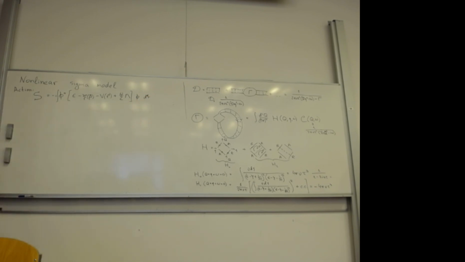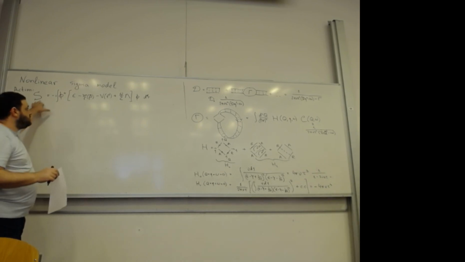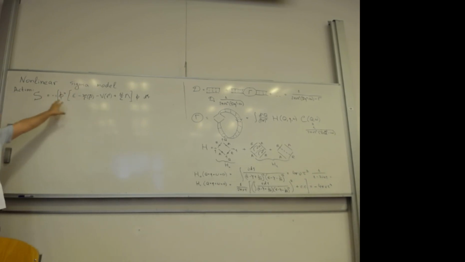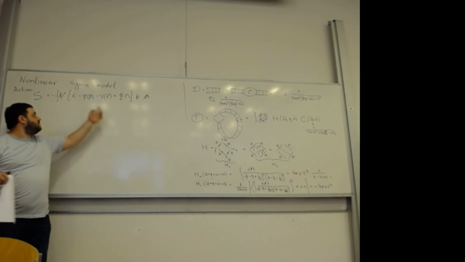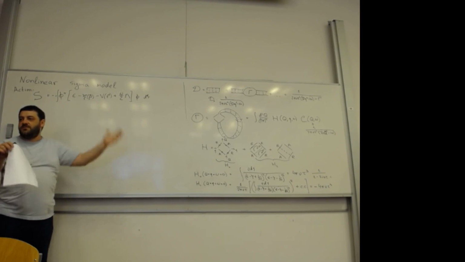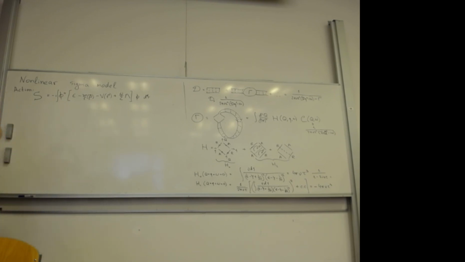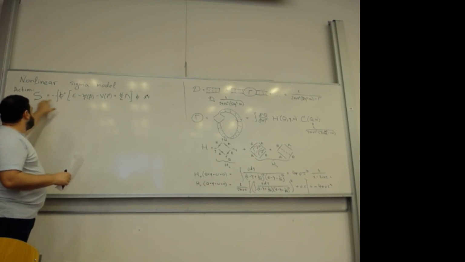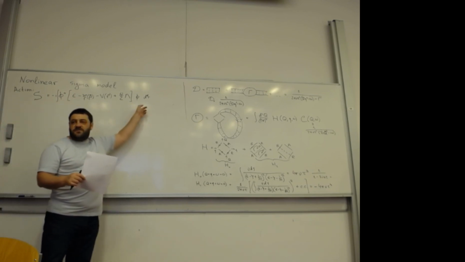So for somebody who knows how field theory is described in physics, this is the action for non-interacting electrons. Phi is the electron field, and what we have here in brackets is actually energy minus the Hamiltonian. It's the action, not the Lagrangian. And they're non-interacting, which means that the action is a quadratic function in the field phi.